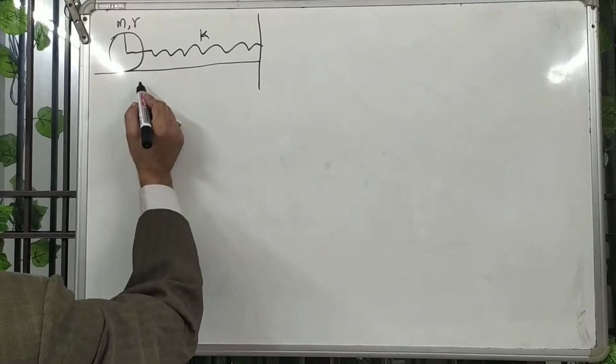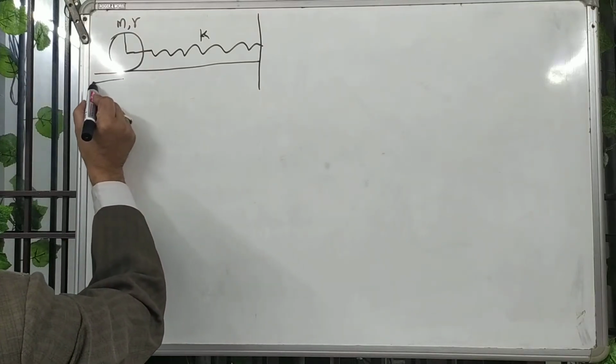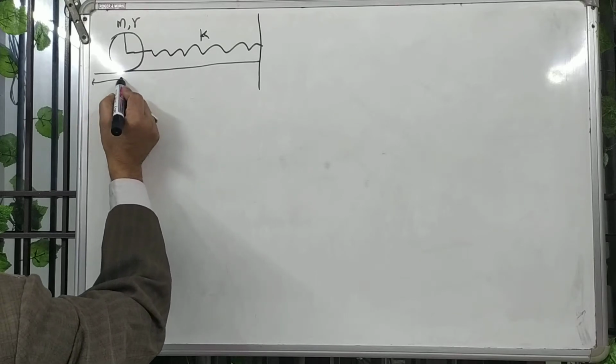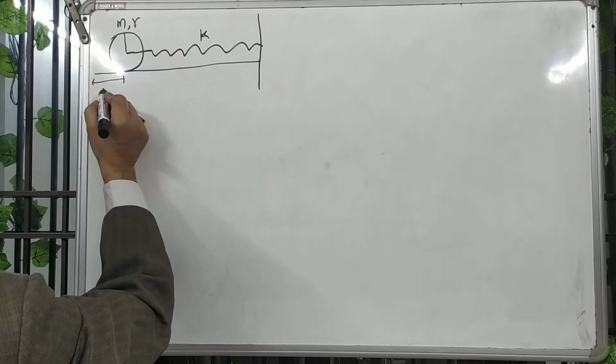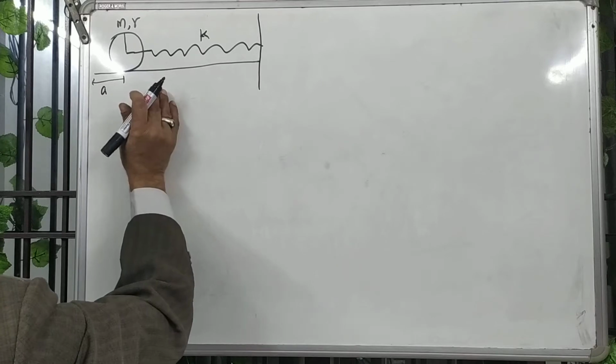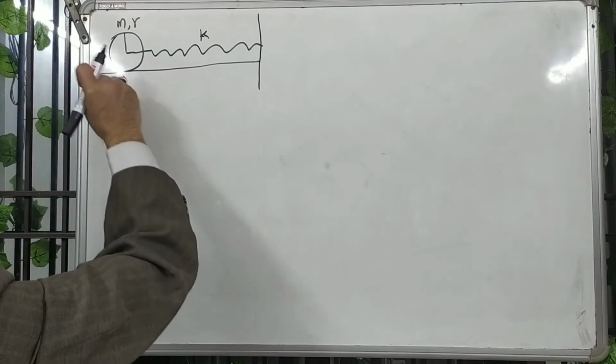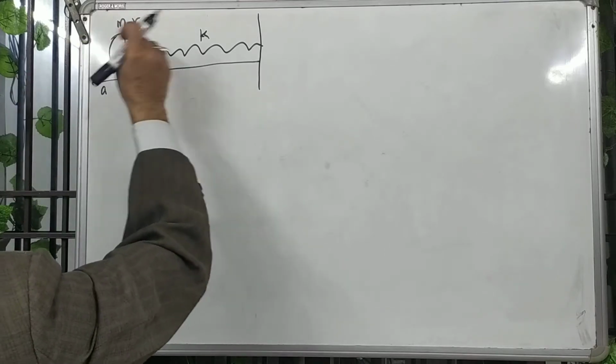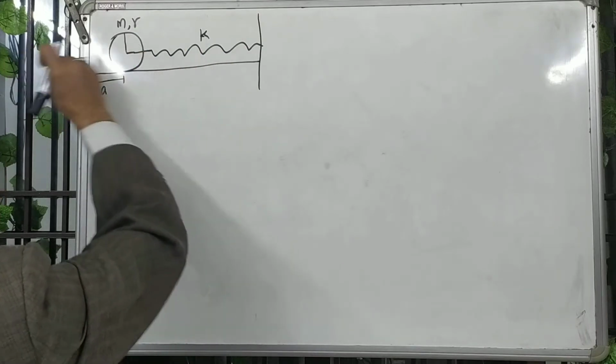The spring constant is K. If the system is released from rest at a point in which the spring is stretched by a meters, let this be stretched. So what will happen? It will roll. By rolling, it will compress. Again, it will come to this side.